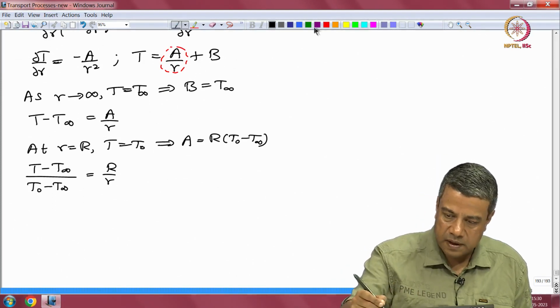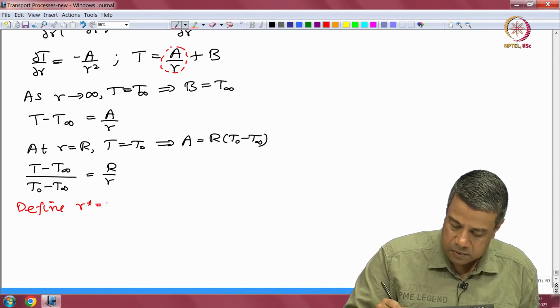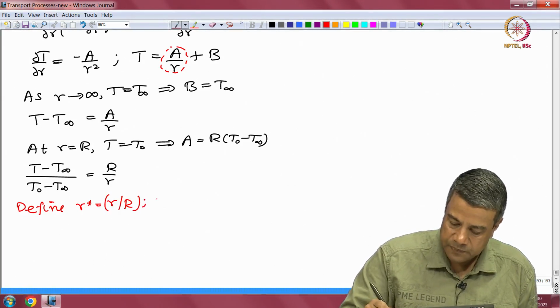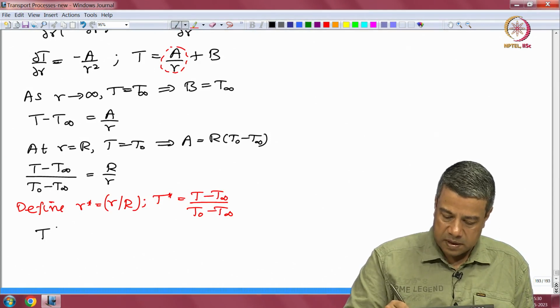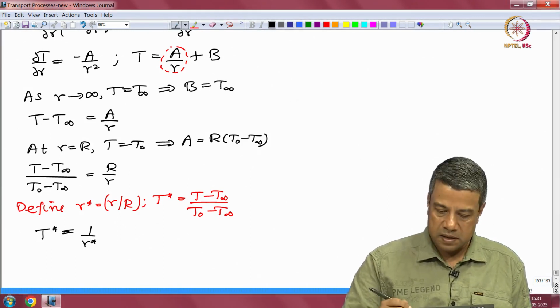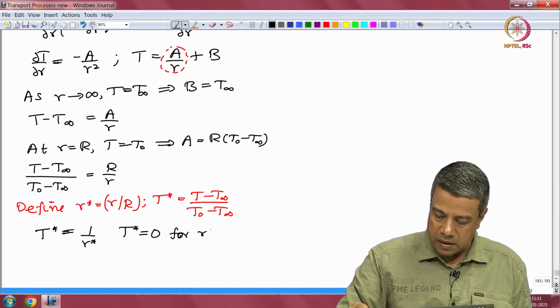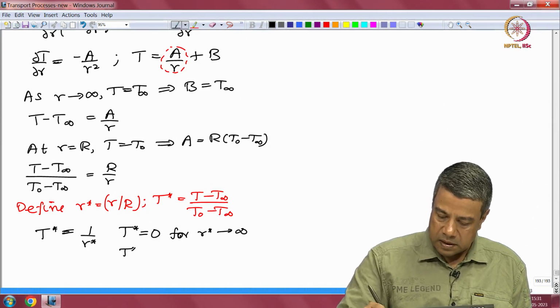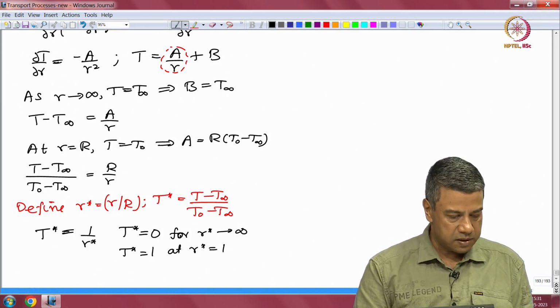If we define r star equal to r by R, and T star equal to T minus T infinity by T naught minus T infinity, then the equation just becomes T star is equal to 1 by r star, with conditions T star equal to 0 for r star going to infinity and T star equal to 1 at r star equal to 1. So, these are the solutions.